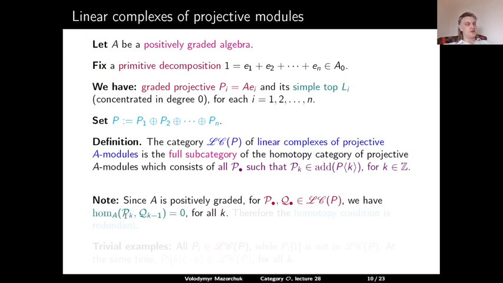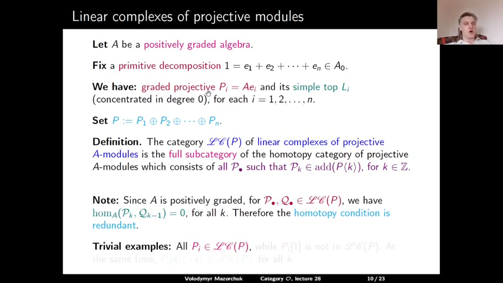This is because the module Pk is generated in degree minus k, while the corresponding homogeneous part in Qk minus 1 is just 0 as a vector space. So there are no non-zero homomorphisms from Pk to Qk minus 1. Therefore, there are no homotopies between these two complexes. So in principle, the homotopy condition in the definition is redundant.